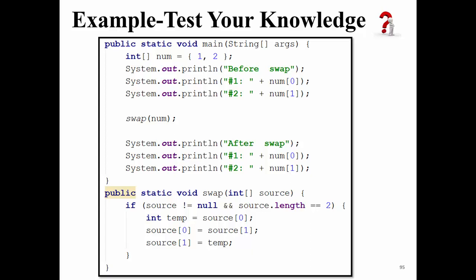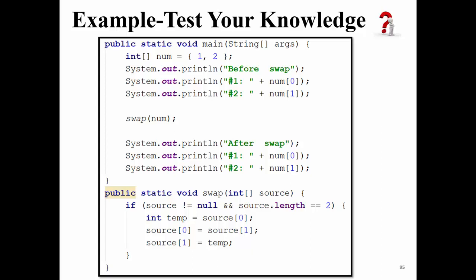I'm going to take element 1 and put it in element 0, and element 0 and put it in element 1. So as you can see, when I send the array, I send the original location where the array is stored in memory. So the swap will change the original content of the array when I return from the swap.